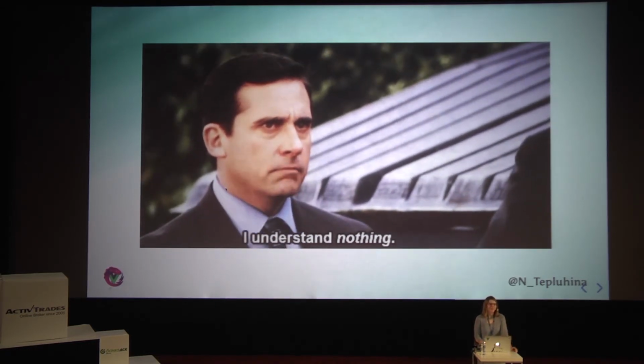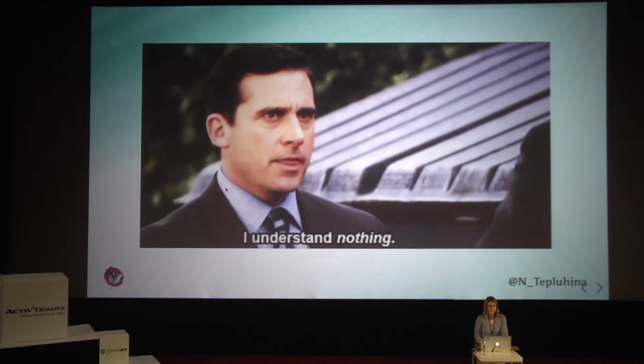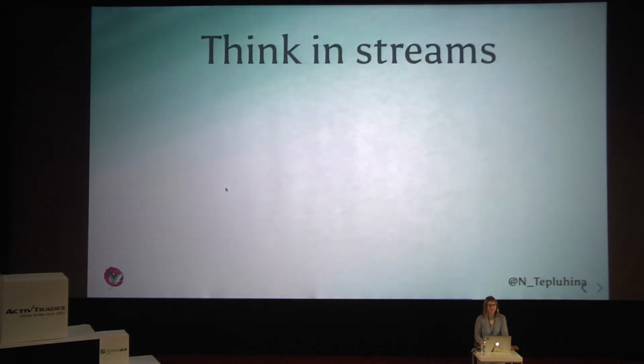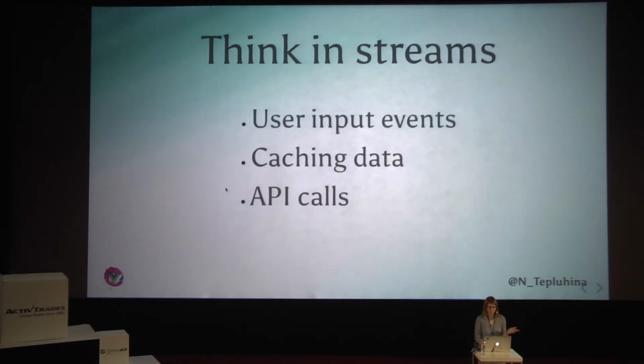But in fact, there is a key to understand RxJS, and this key is thinking in streams. And stream here is not something unfamiliar, not something alien for a developer. If user types on the keyboard, it's a collection of key up events, it's a stream.